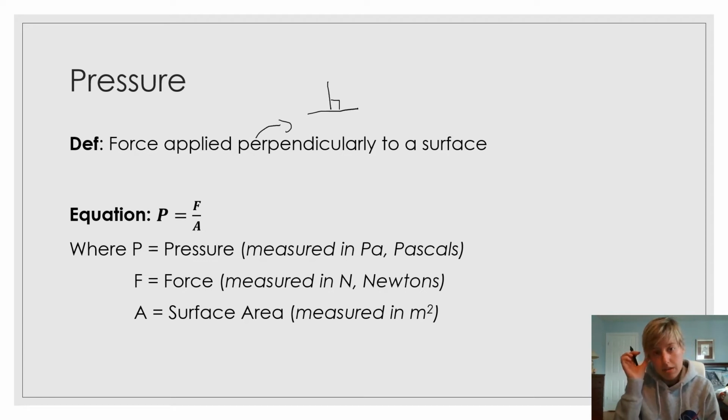Now the equation to calculate pressure is equal to force divided by my surface area. So force would be measured in newtons, and surface area, again, because this is area, would be measured in meters squared. So we're going to go ahead and do some practice with calculating pressure.